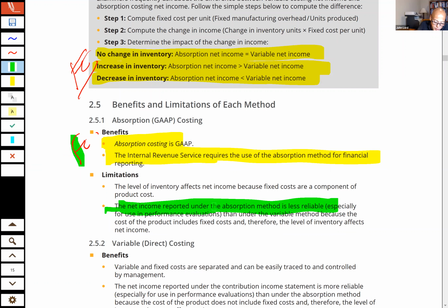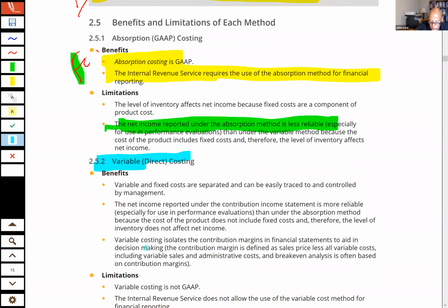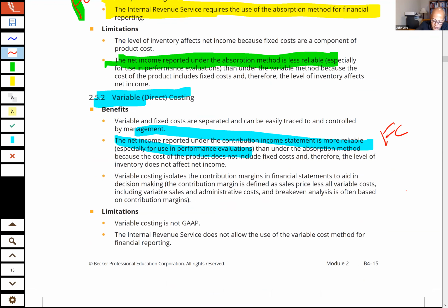The benefit of variable direct costing is that it can easily be used and is more reliable for performance evaluations, because we can separate out our fixed costs from our variable costs. The limitation is that it is not GAAP, so it's the mirror image of what we said was good about absorption: you can't use it for GAAP or for tax purposes.